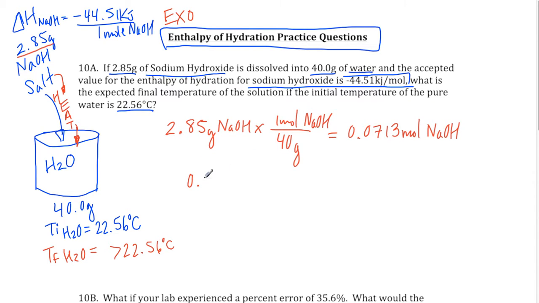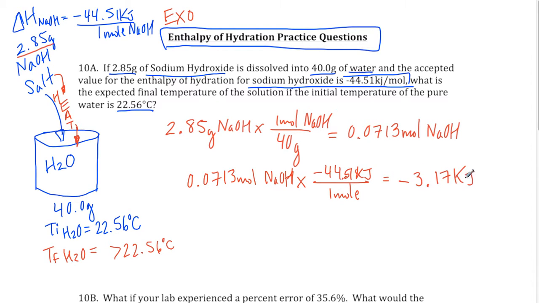Now, how much heat is associated with that number of moles? Well, if you have 0.0713 moles of NaOH, then when you multiply that times this ratio of energy per mole, negative 44.51 kilojoules for every 1 mole, you'll find that you emit 3.17 kilojoules of energy.